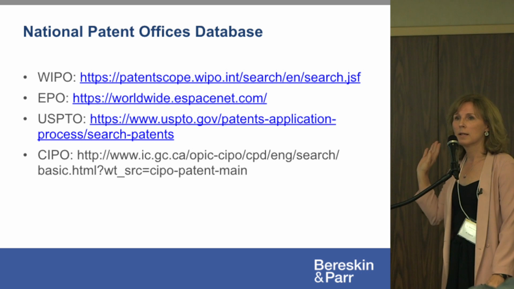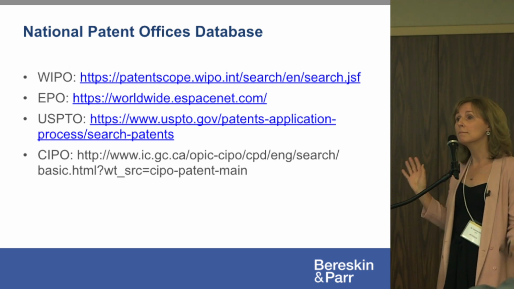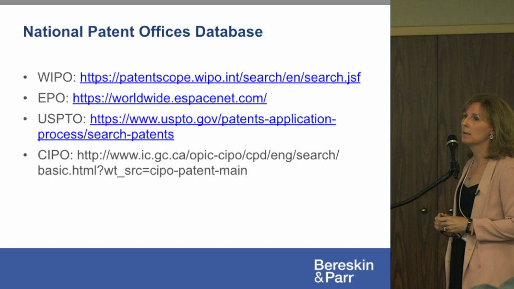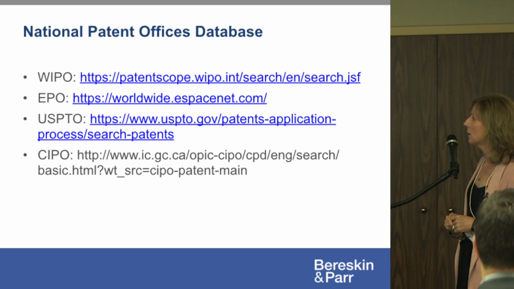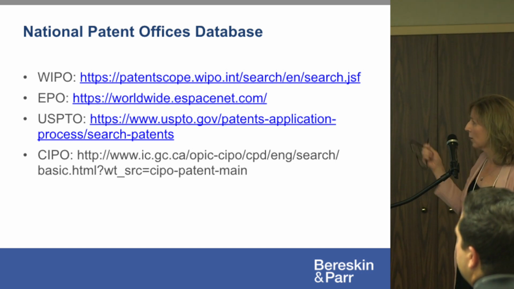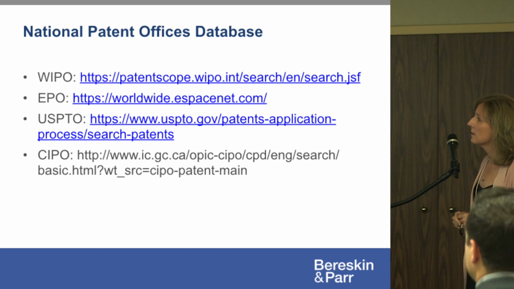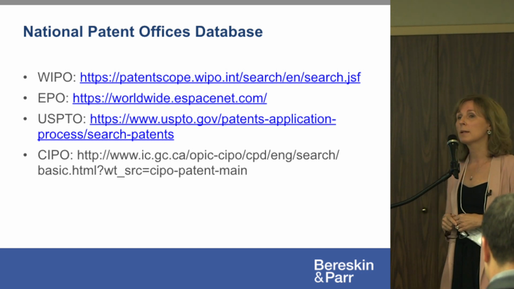So here I'm just moving on to some examples of the different patent databases that you can use. These are all free and available on the web, and there are the URLs for them. So the ones that I decided to point out are WIPO, that's the World Intellectual Property Organization.